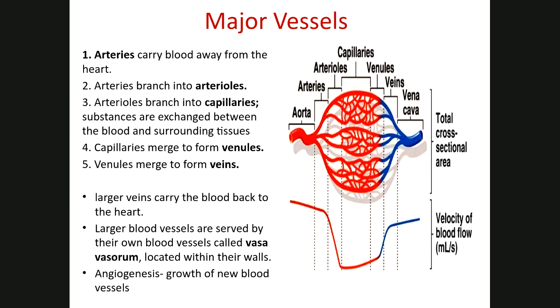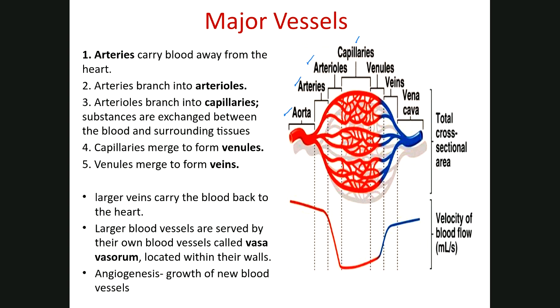So here's the aorta, and then the aorta branches into smaller vessels called arteries, which branch into even smaller vessels called arterioles, and these merge to form capillaries. So we'll learn that capillaries is where all the gas exchange occurs between blood and surrounding tissue, from the walls that are very, very permeable.